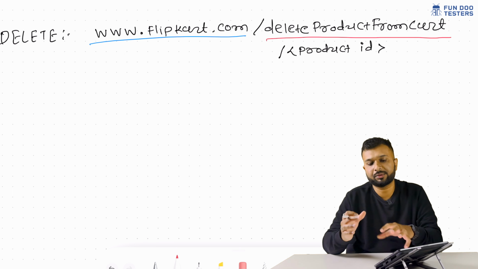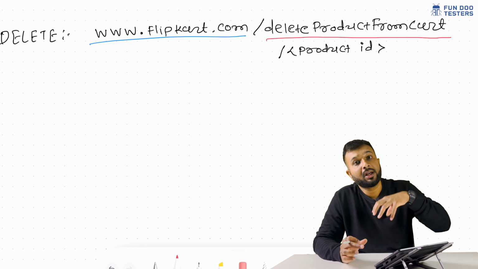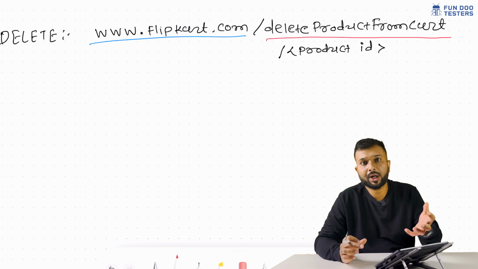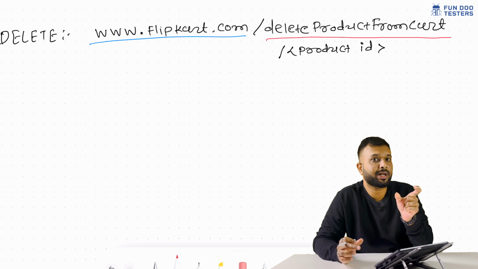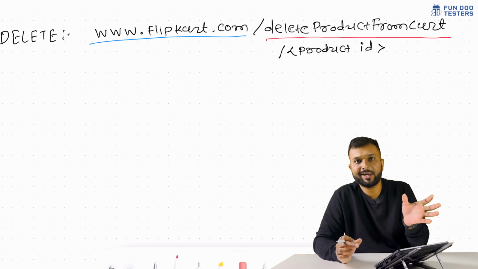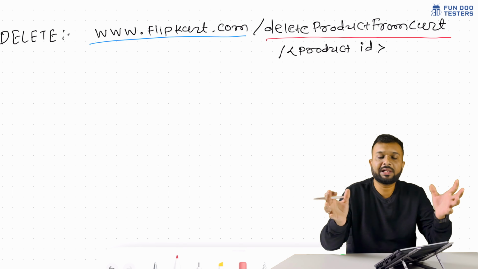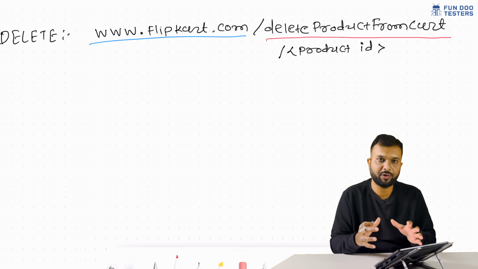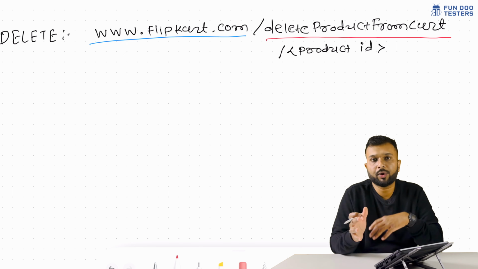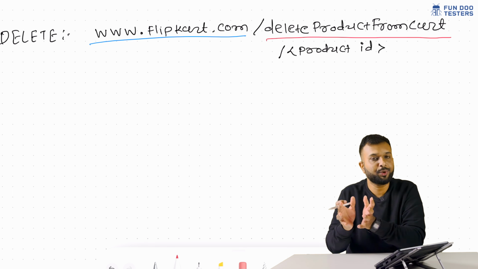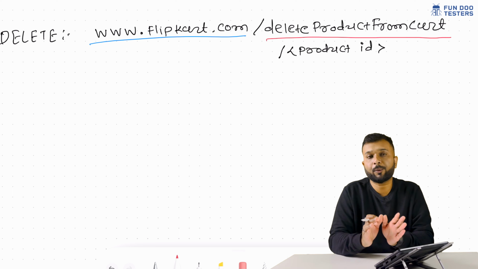Similarly, if some user has added a product to the cart, there will be a product ID or some unique value. Using that we can identify that data. Otherwise, if a watch is owned by multiple people, how can I say this watch belongs to Nissan? Similarly, if a user has added a product to the cart, there has to be some unique ID or unique value, which is basically a product ID.